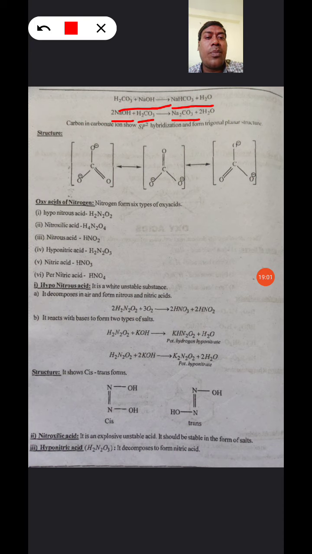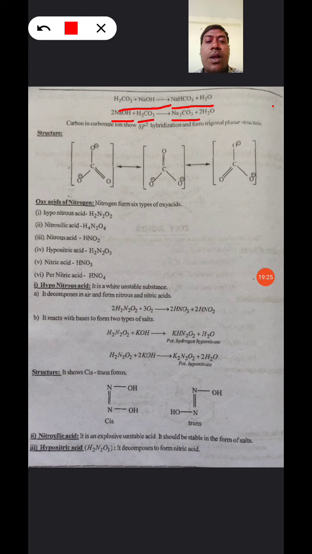So here carbon dioxide undergoes hydrolysis, it forms carbonic acid, and this carbonic acid reacted with base, it forms carbonate and bicarbonate salts.